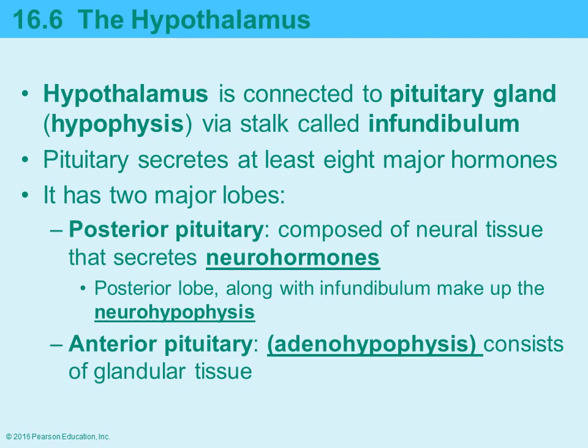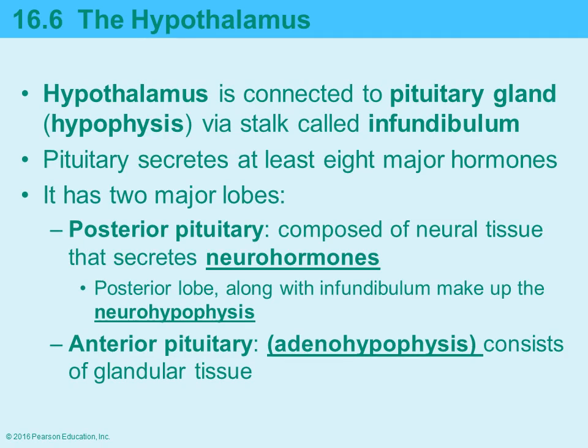The hypothalamus is connected to the pituitary gland by a thin stalk. It's called the infundibulum. The pituitary is also a gland that is going to secrete several different hormones, up to 8 different hormones. It has 2 lobes: a posterior pituitary and the anterior pituitary.